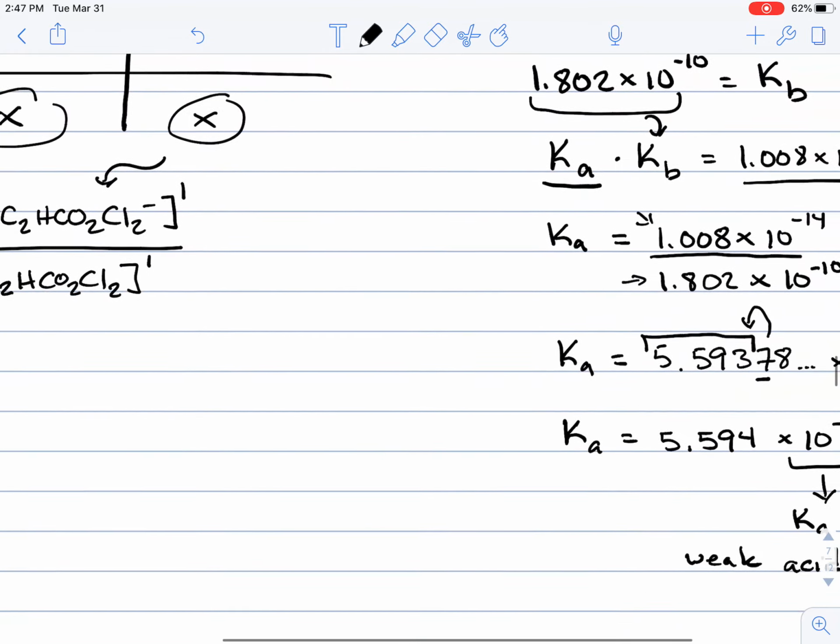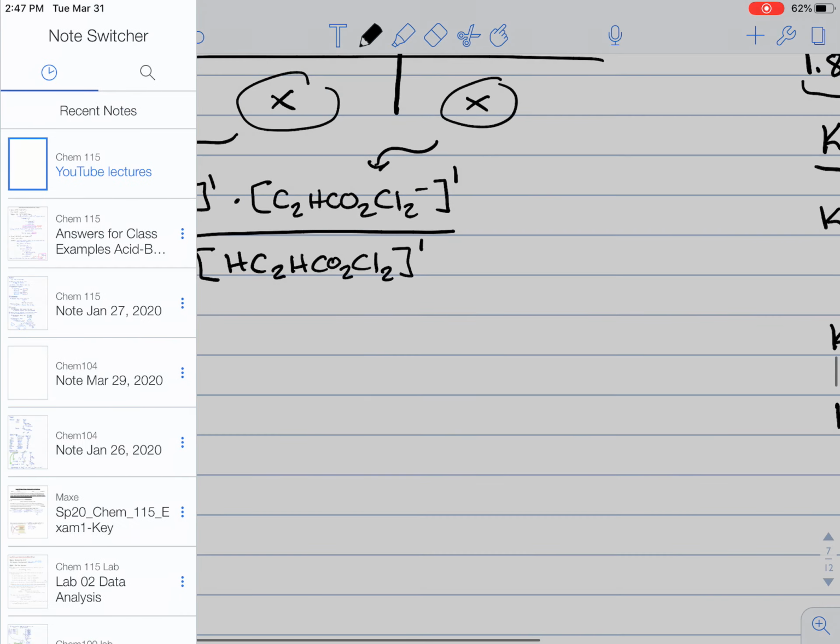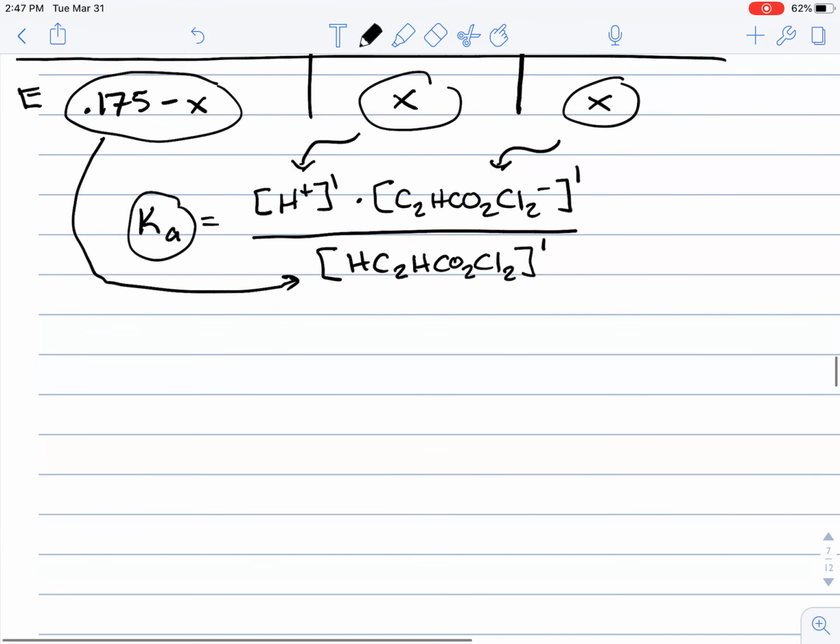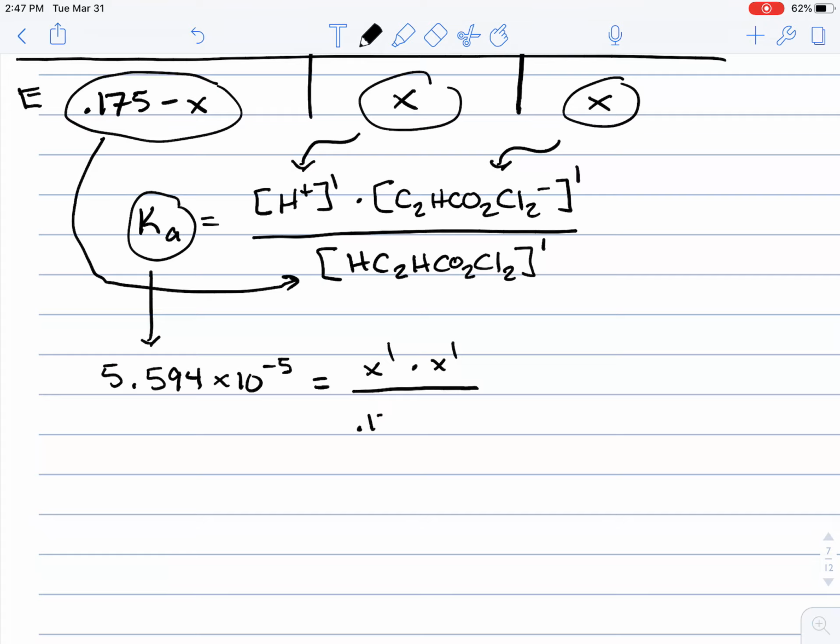And so Ka is going to be 5.594 times 10 to the negative 5, which equals x raised to the first power times x raised to the first power, divided by 0.175 minus x.